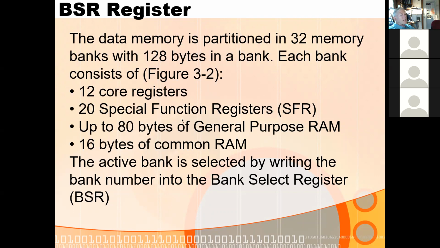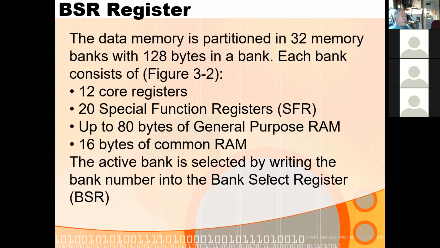The next 80 bytes are always general purpose RAM, specific to whatever bank they happen to be in. And then the last 16 bytes are also random access memory, but they're the 16 bytes of common RAM mapped to the last 16 bytes of every 128 bytes in every bank.